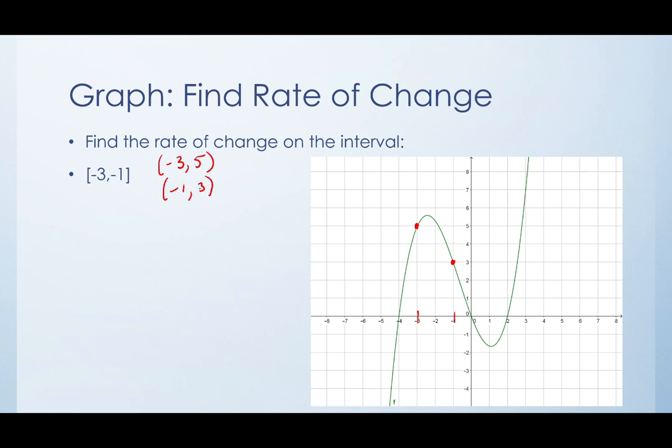So when we calculate that slope, we're just going to do the rate of change. Sometimes I abbreviate that ROC. We've got our rate of change in y, so 5 minus 3, over -3 minus -1. So we're looking at 2 over -3 plus 1, which is -2.